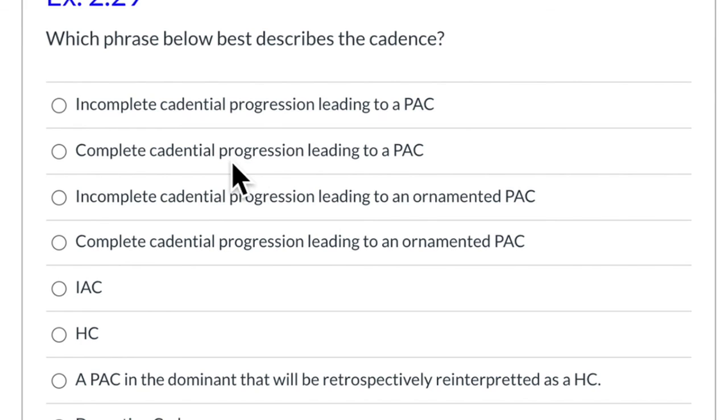Also, a complete cadential progression usually starts on a 1/6, not a root position 1 chord. Not always, but that's a clue there. So expanded cadential progression occurs over 4 measures, and it's specifically cadential in its character.